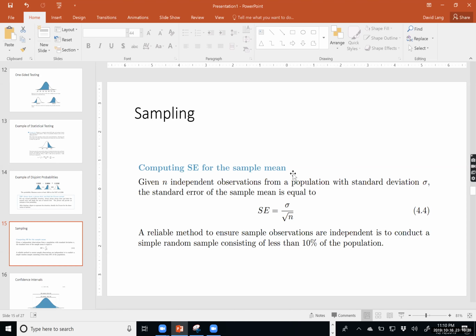But the primary takeaway I want you to have is that as you increase your sample size, your associated standard errors decrease, meaning that even if your data is still as noisy as it would be under other circumstances, the fact that you've taken a larger sample means you can be slightly more confident or use smaller error bands when describing your data.